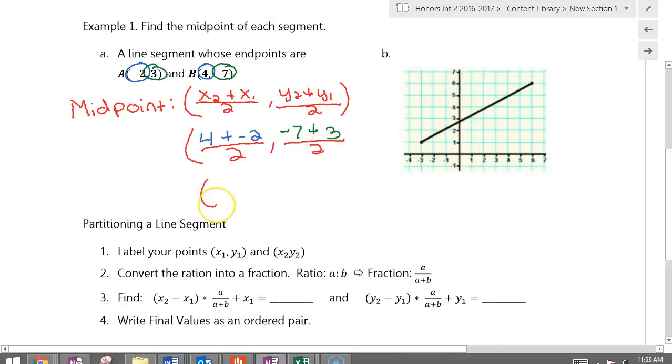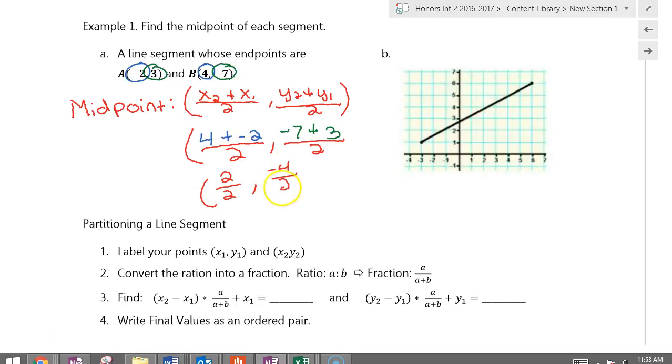So 4 plus -2 is 2 over 2. -7 plus 3 is -4, over 2. Right? And then I'm going to divide. 2 divided by 2 is 1. -4 divided by 2 is -2. My midpoint of those 2 points is (1, -2).